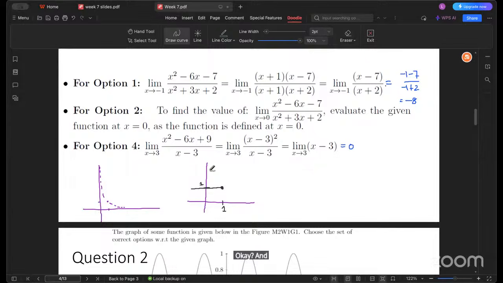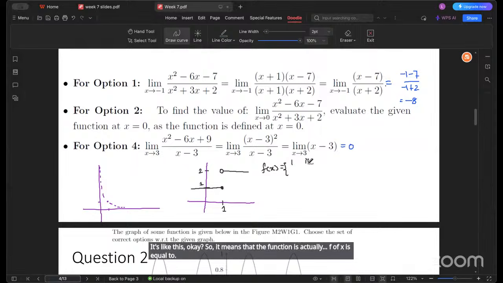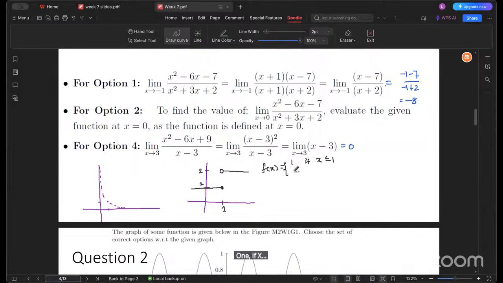And then you have a 2, it's like this. So it means that the function is actually f of x is equal to 1 if x is less than or equal to 1 and 2 if x is greater than 2. This is the function. Now what happens as x goes towards 1?